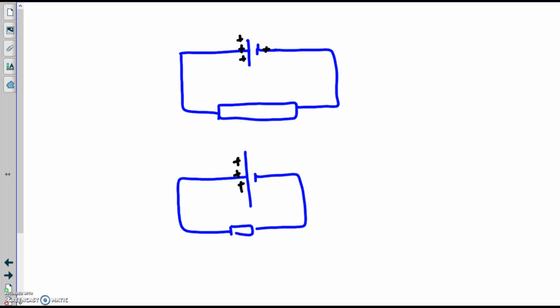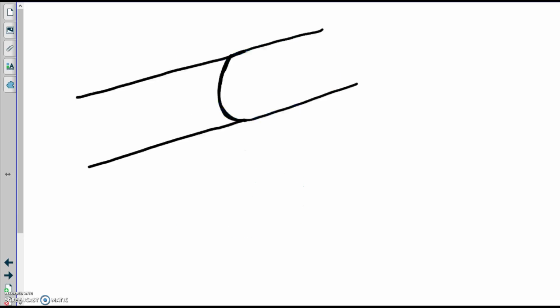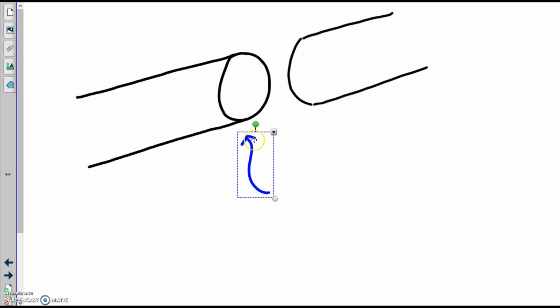So we need a way to quantify how much charge flows per second. Here's a resistor. We can imagine cutting the resistor right here so that we could separate the two sides and watch what happens. Now, if you cut the resistor, charge stops flowing. But if we pretend for a second that charge were to continue, then you would see charges passing on by.